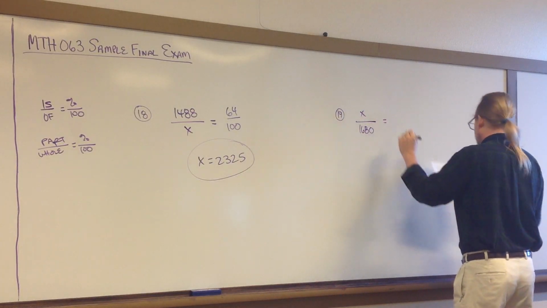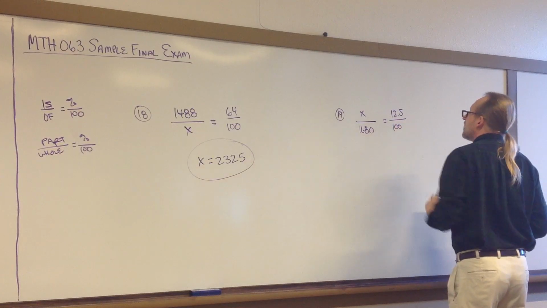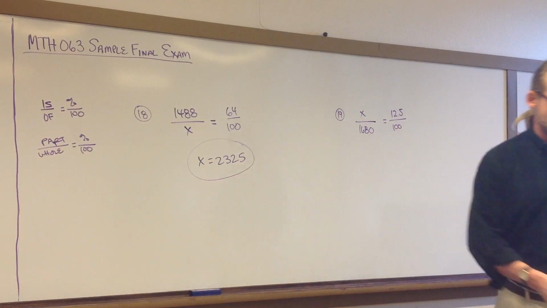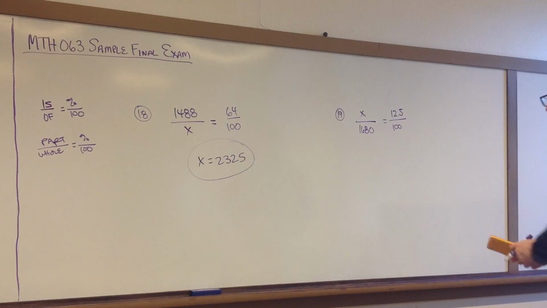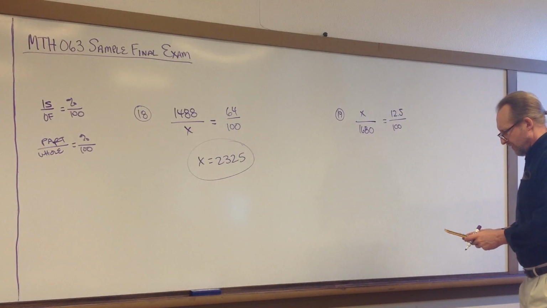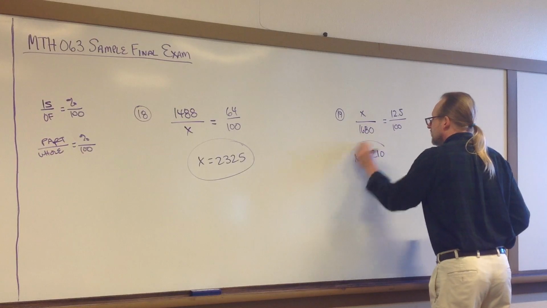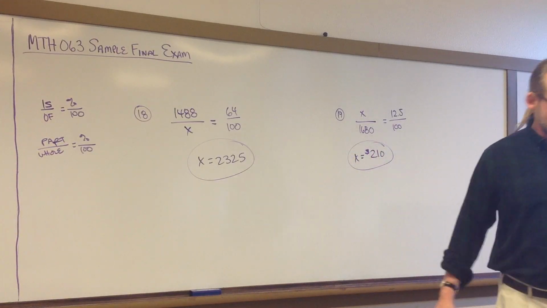We're going to solve for the commission. This will be 12.5% over 100. Okay, so we're going to go 1680 times 12.5 and then divide by 100. And so X would be an extra $210 for the salesperson, Julie.